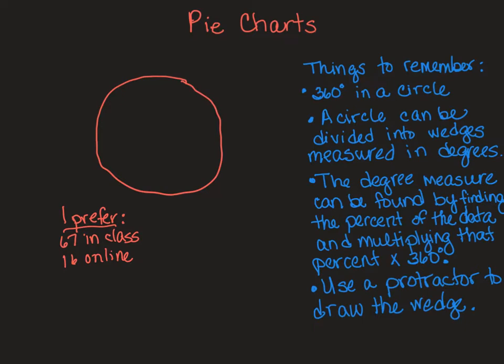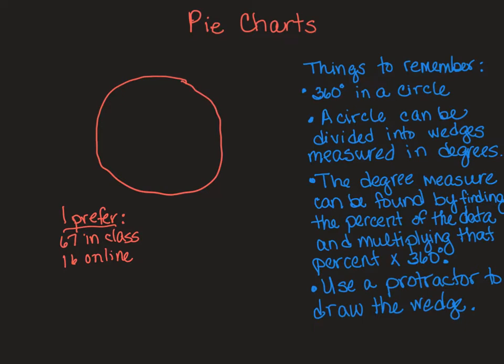The degree measure can be found by finding the percent of the data and then multiplying that percent by 360. We know that you use a protractor to draw the wedge, and there is a link to a printable protractor that you can print and cut out and use to make your pie charts.